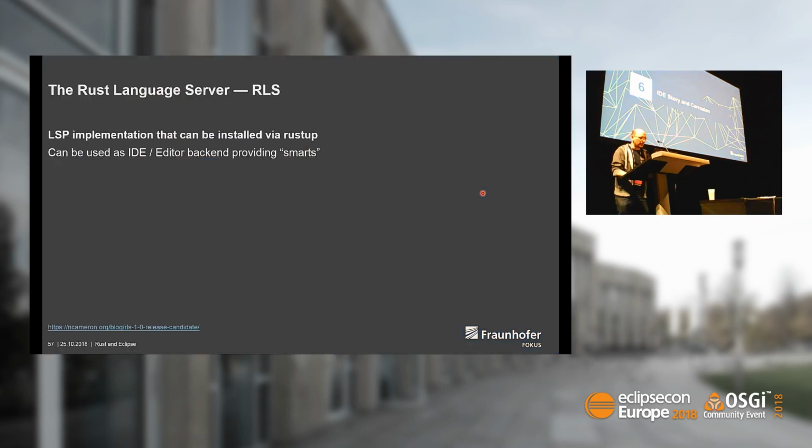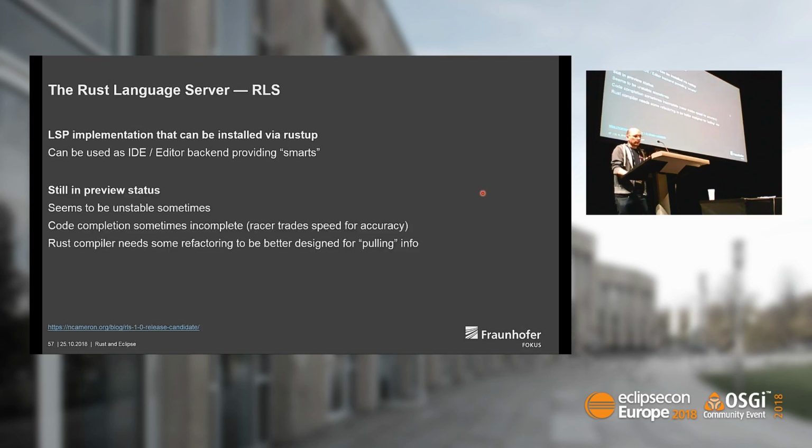Okay, IDE story. Rust has this thing called the Rust language server, which implements the language server protocol. This can be used in different IDEs to provide the smarts, so to say. It is still in preview status.